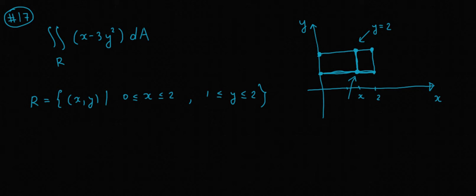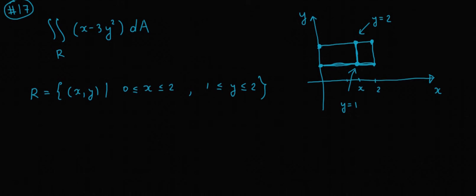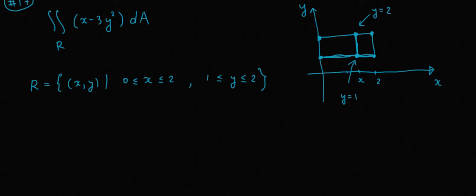And therefore our first integration will be from 1 to 2 over y, of x minus 3y squared dy.